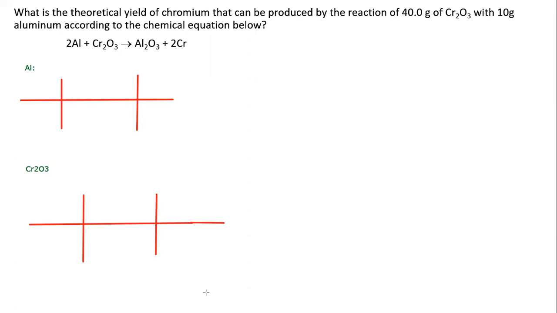All right. So again, first we're going to start with the mass of aluminum. And we want to convert it to moles, so we're going to have to divide by the molar mass.